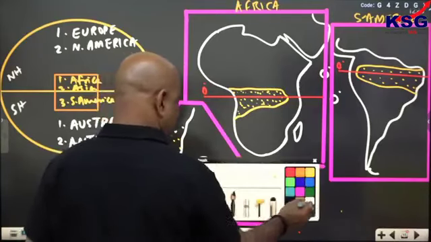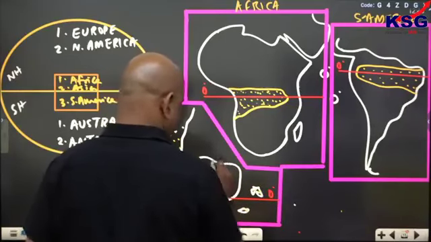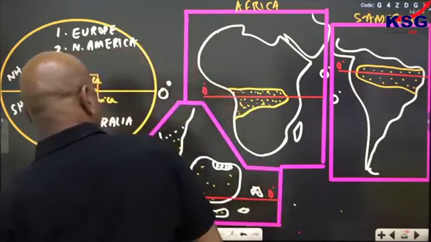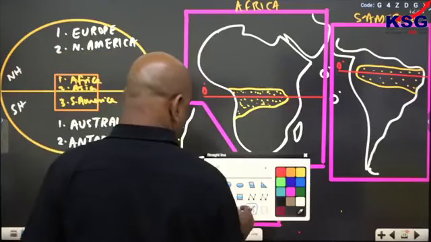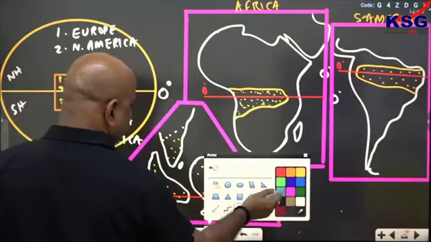And here is also a country known as Singapore. Singapore also has equatorial climate. Here is a country known as Brunei. So which countries are part of this?